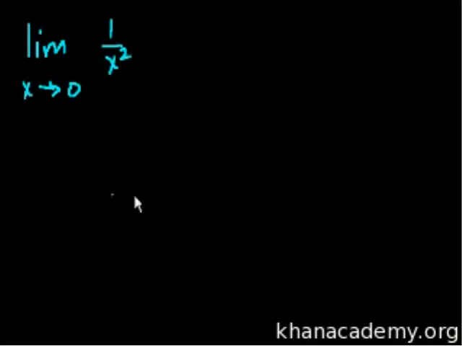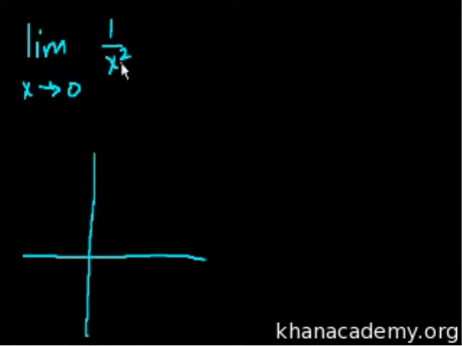So in this situation, I'll draw the graph. And that's my x-axis. This is my y-axis. So here, no matter what value we put into x, we get a positive value, because you're going to square it. It'll be instructive, I think.